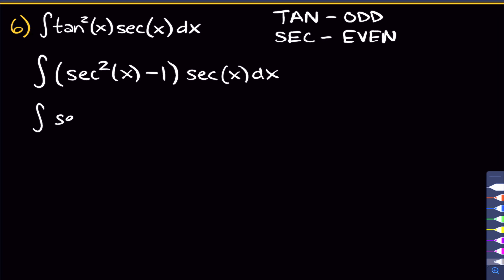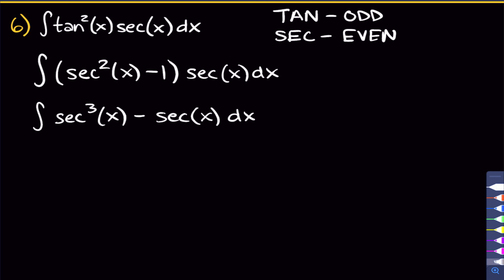So I get secant cubed of x minus secant of x dx. Okay, so now we've got two integrals to deal with here. We've got the integral of secant cubed of x, and then we have the integral of secant x. So we can write this out, if you want, like this.